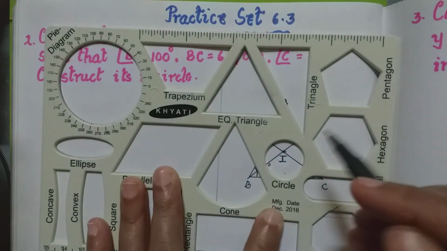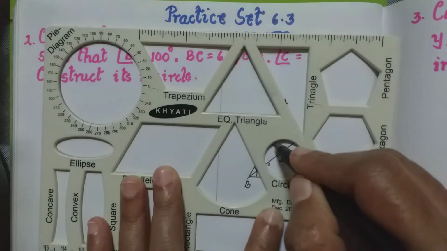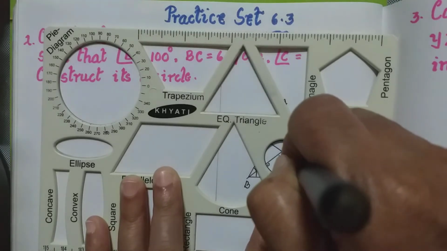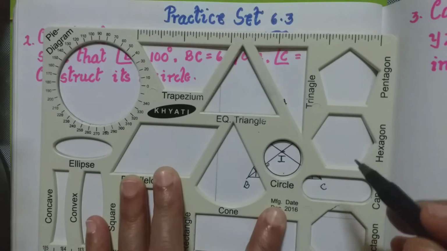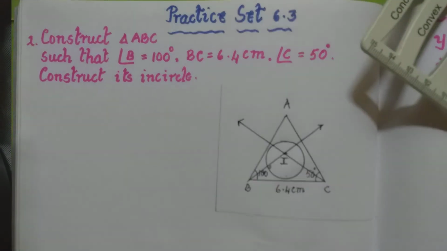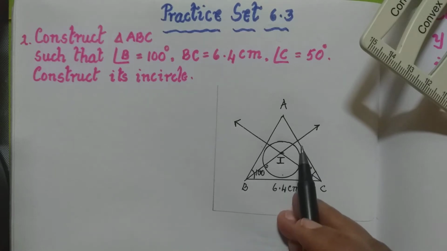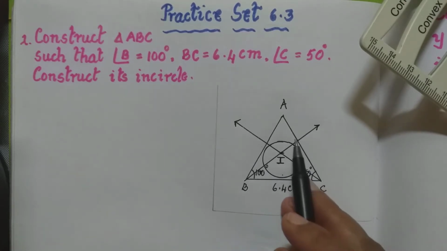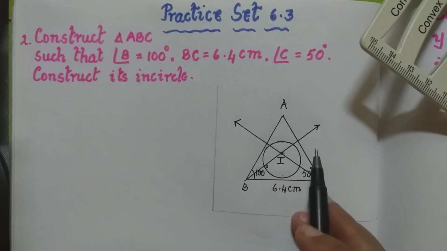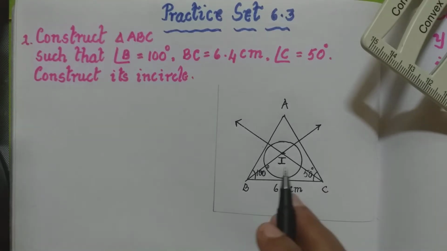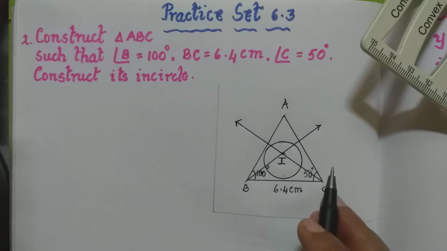So we can draw this as a rough figure, that this will be the incircle. So it should touch all the three edges. When you draw a rough figure, you can use your hand and draw such that it touches all the three edges of the triangle. So this is a rough figure which is complete.